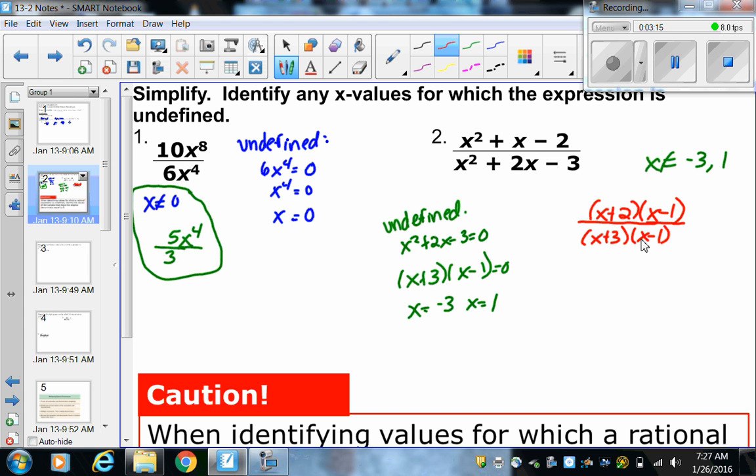So if you notice, x minus 1 is on the top and the bottom, so I can cancel them out. And my result would be x plus 2 over x plus 3. And this is an example where if I hadn't done the undefined first, I would have just said that it was undefined at negative 3, but in reality, it's really undefined at negative 3 and 1. So this would be part of my answer, and this is part of my answer.